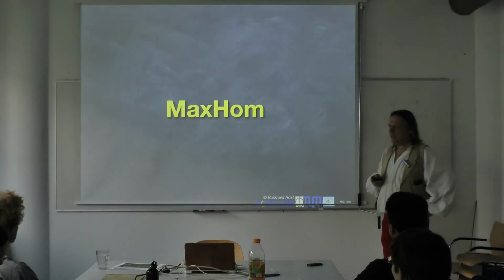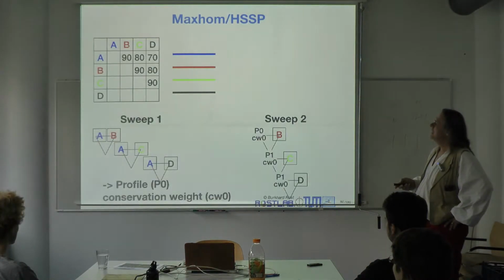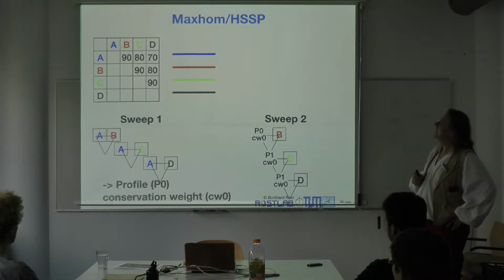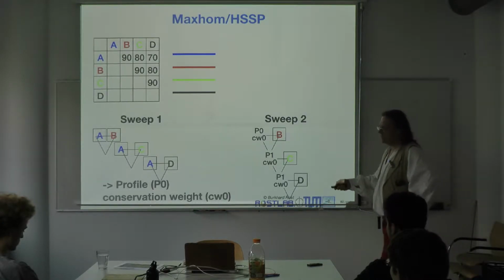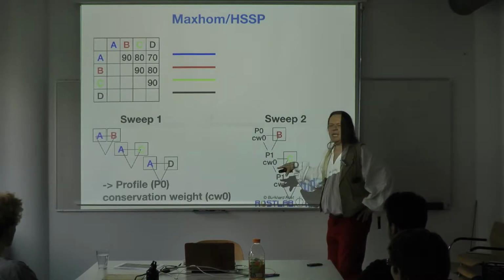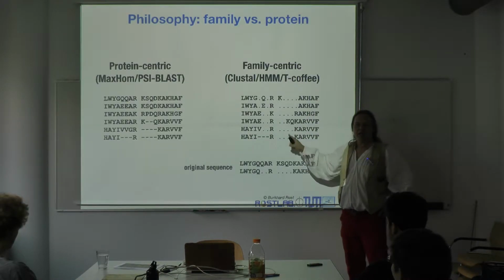Maxhom, the major point, so the people behind it are Reinhard Schneider and Chris Sander. The major point in the difference to what we had before is that in principle it builds up like Clustal W, a progressive alignment, so it does AB, AC, AD, and then builds up conservation weights and profiles systematically, but it has a protein-centric view, where Clustal tries to align an entire family.